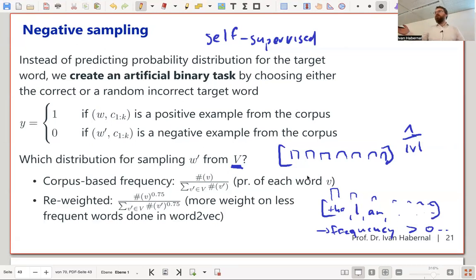Maybe that's too costly, and you just let it run for billions of examples, and it will work out very well. In principle, what you can select is any word here as a negative. Maybe it occurs in the training collection, but I don't care, it's just a random word. Most of the time it will be something else.